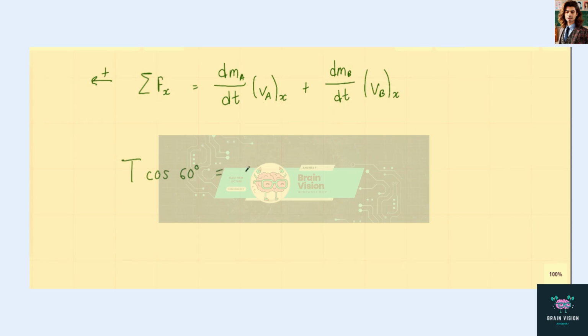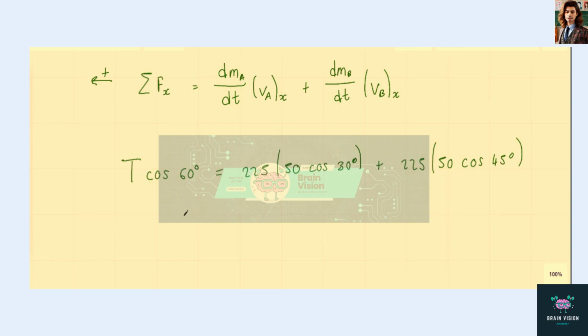And this is equal to 225, the mass flow rate, times the x component of vA, which is 50 times the cosine of 30 degrees, plus the flow rate at nozzle B, 225 kg per second, times the x component of nozzle B's velocity, 50 times the cosine of 45 degrees.